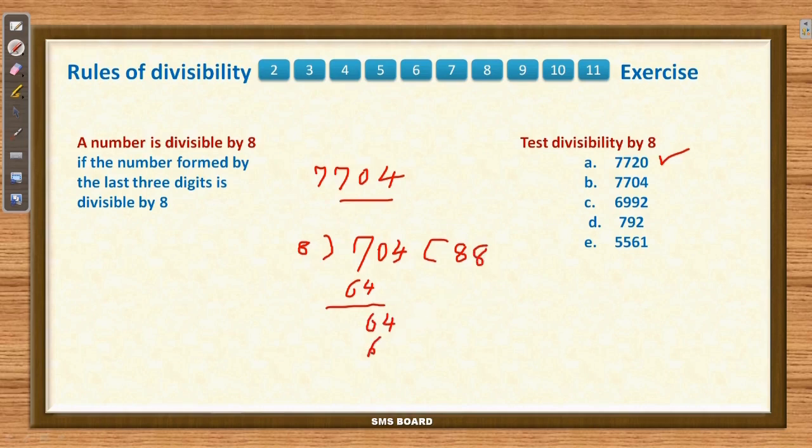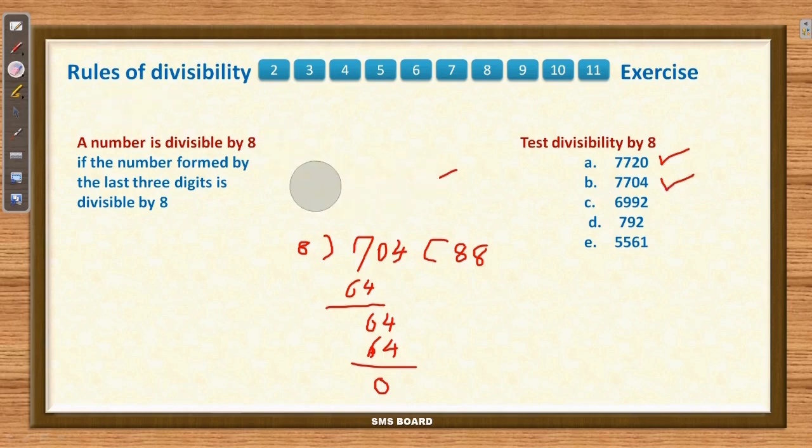So the remainder is 0. That means the number formed by the last 3 digits, 704, is divisible by 8. So this number is divisible by 8.